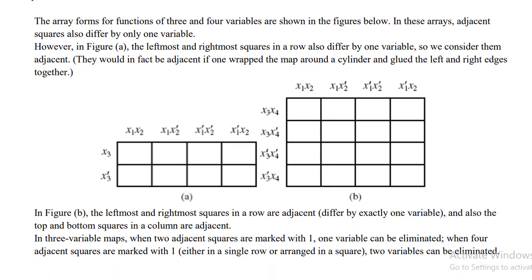And we'll go to, if I have 3 inputs, x1, x2, x3, what do we do? This is how you set up the map, or the table. x1 x2, x1 x2 not, x1 not x2 not, x1 not x2. You may think it's hard to remember, but remember, on this side I will put x1, x2, and down this column is going to be x3.